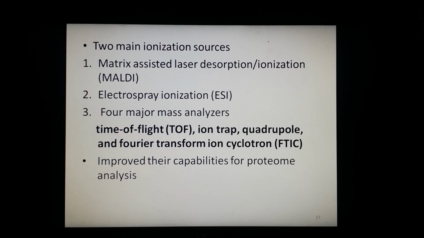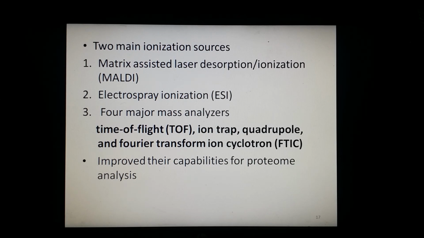Simple mass spectrometers such as MALDI and MALDI-TOF, that is matrix assisted laser desorption ionization and time of flight, are used only for measurements of mass, whereas tandem mass spectrometers are used for amino acid sequence determination.